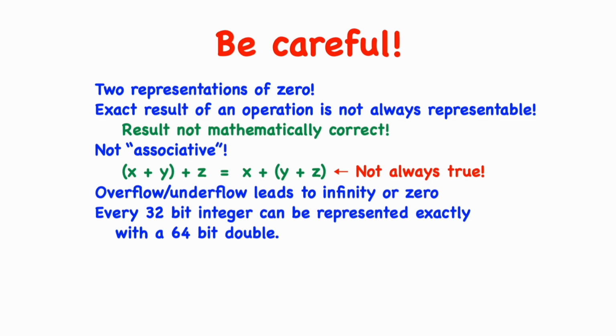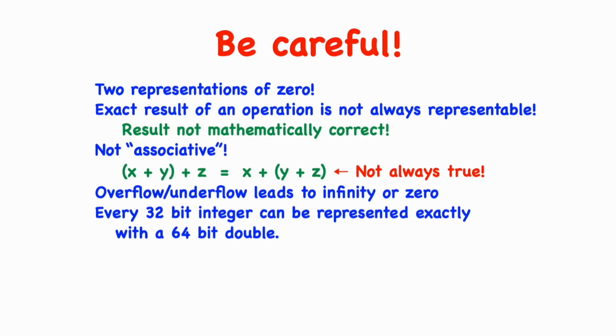So one thing that's sort of unusual is that we have two representations of 0. So you might think of these two representations of 0 as being infinitesimally close to 0, either on the positive side or the negative side. But just be aware that we have two representations of 0.